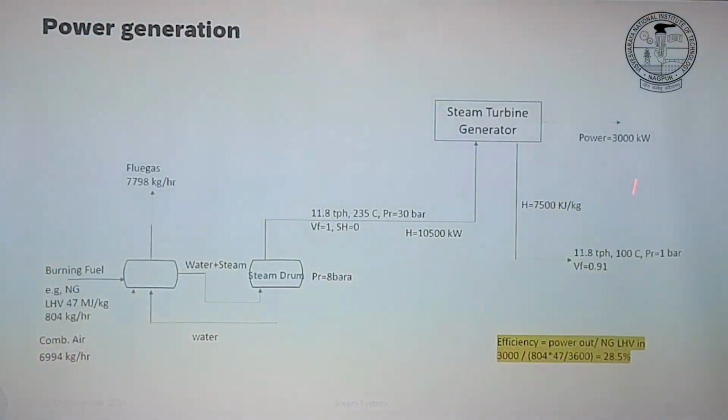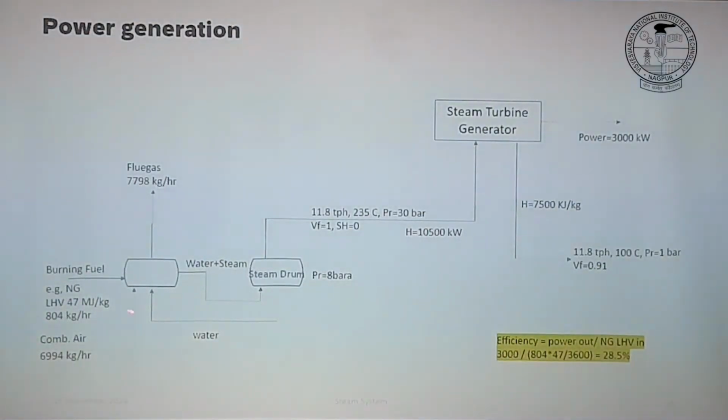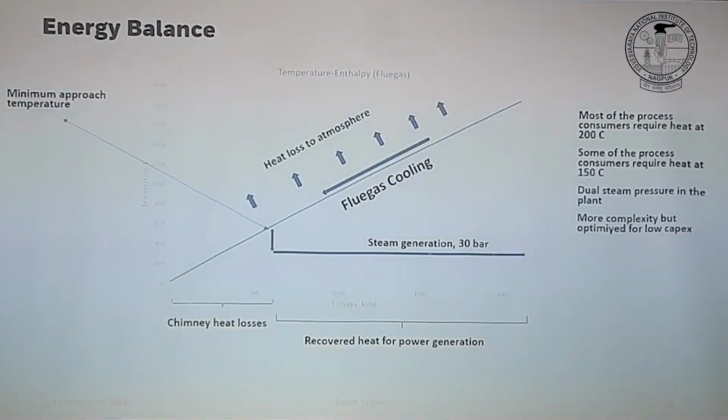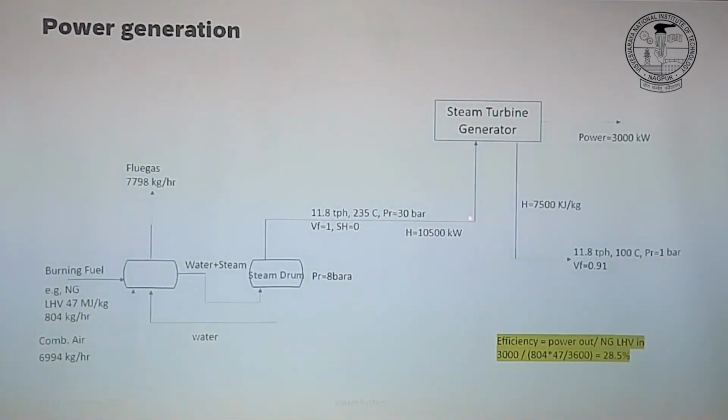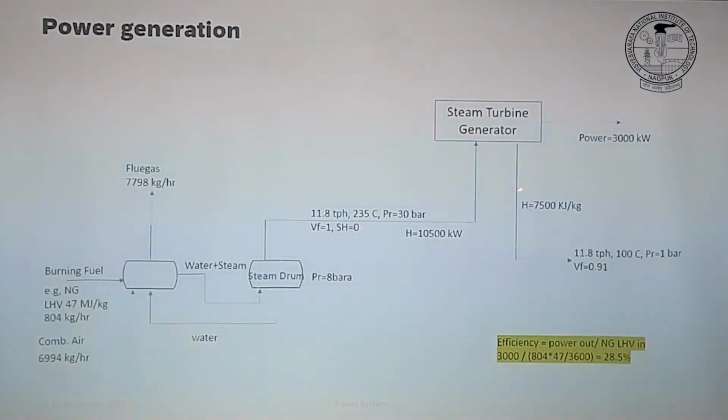But to produce this 3 megawatt, we saw earlier we needed somewhere around 250 kg per hour of natural gas, but now we need much more because the efficiency here is only 28-29%. And why is that? Because the enthalpy of steam coming out of the STG is much higher. It's not totally condensed. In the thermal example, we saw that the enthalpy was much lower here because we had already condensed it completely.